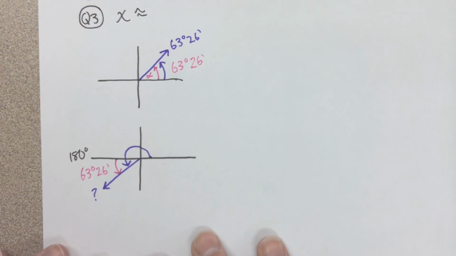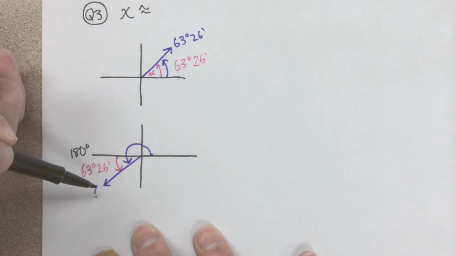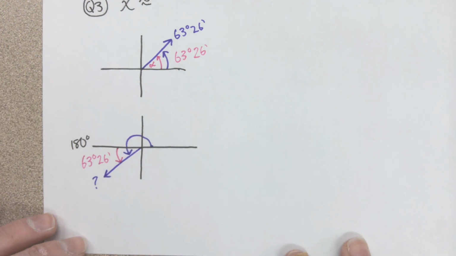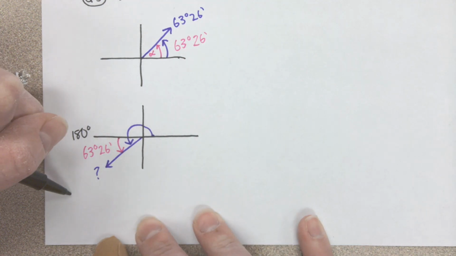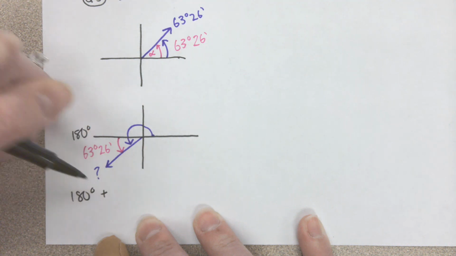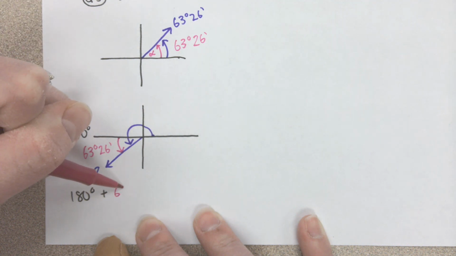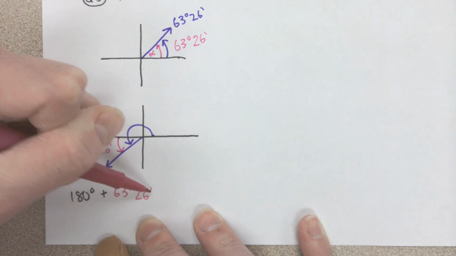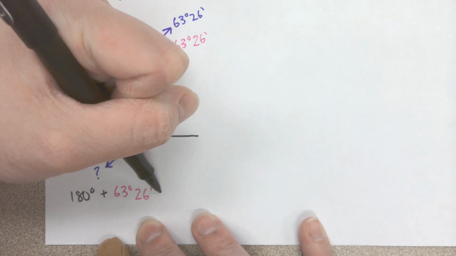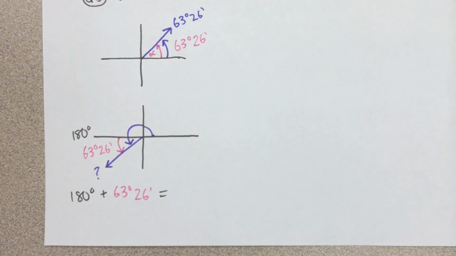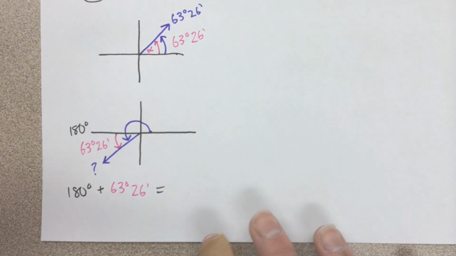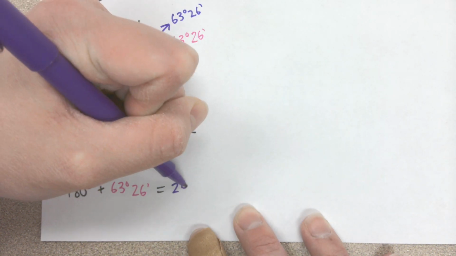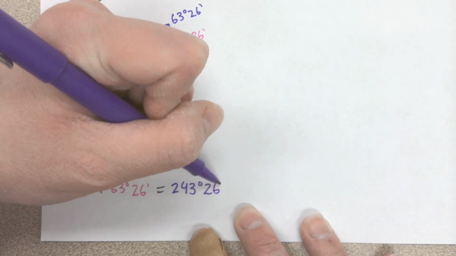So if I put the two angles together, the 180 and the alpha, that will give me my missing angle. So our calculation is 180 plus alpha, which is 63 degrees, 26 minutes. Adding that together, I won't show it on the calculator. You'll get 243 degrees, 26 minutes.